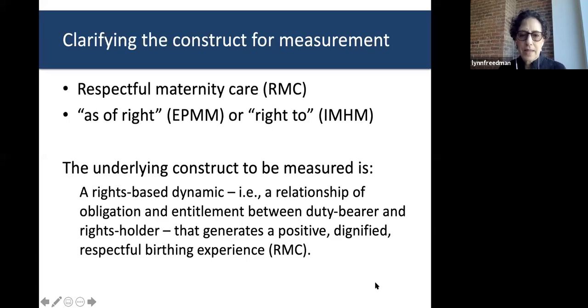So I think we could state the underlying construct to be measured here as trying to measure a rights-based dynamic, that is a relationship of obligation and entitlement between a duty bearer and a rights holder that generates a positive, dignified, respectful birthing experience. And in this case, the duty bearer is the government, the health system, and health workers, and the rights holder is birthing women, and their families.